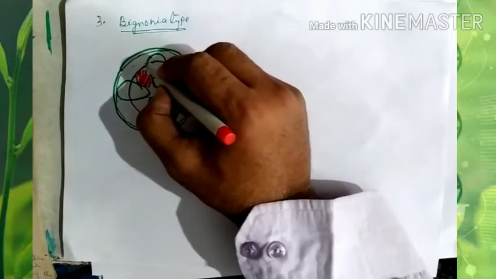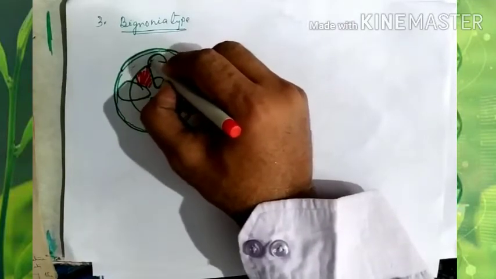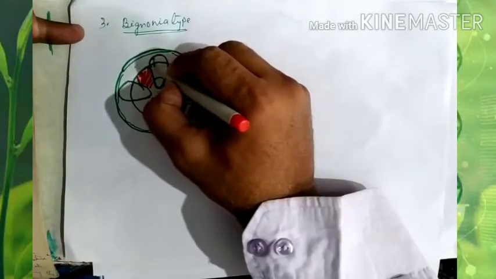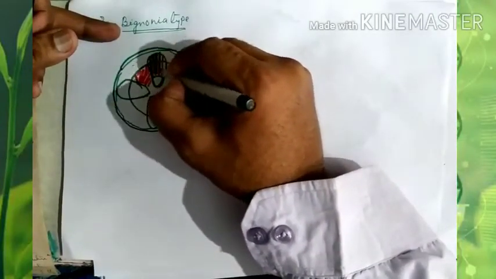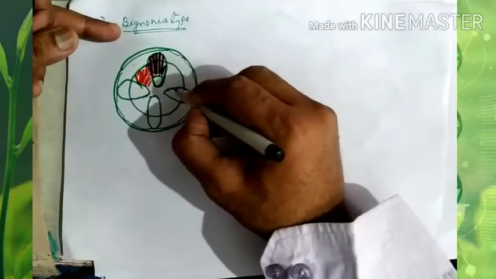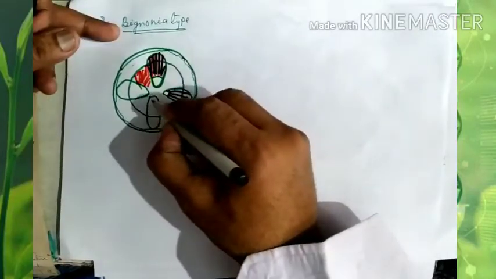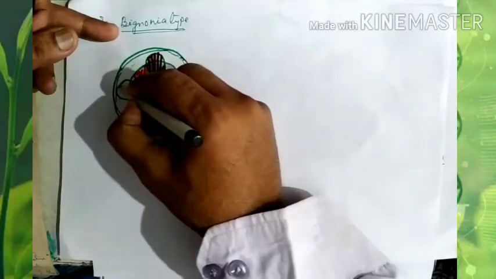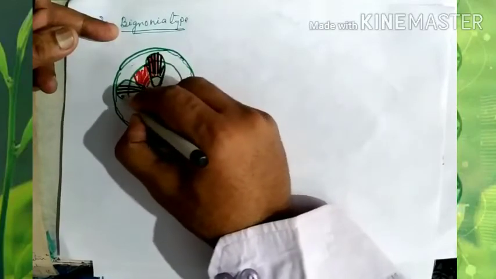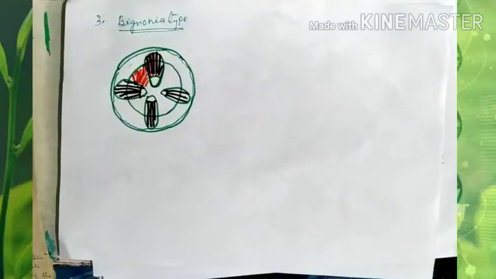At the 4 points, the xylem is formed here, and this is the more phloem here. This is the phloem.